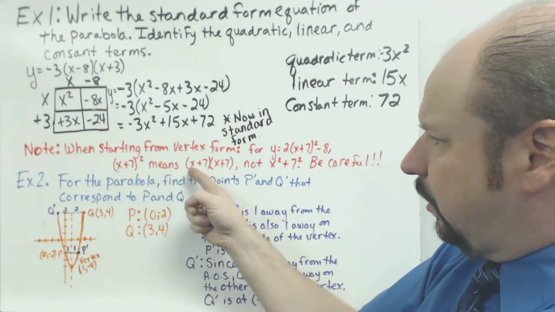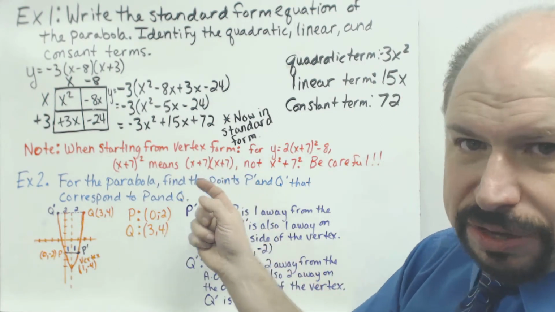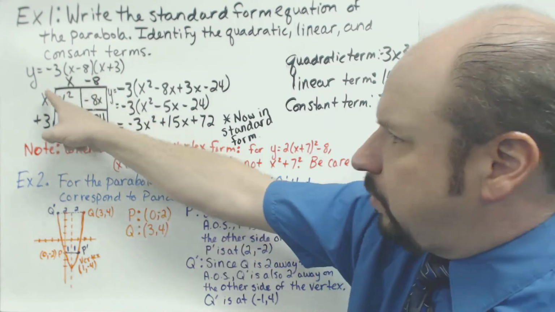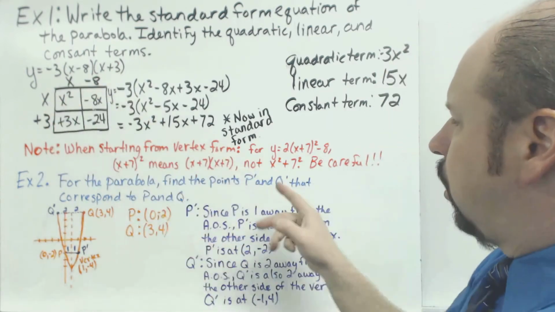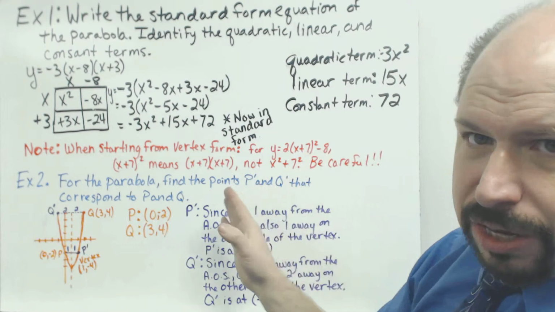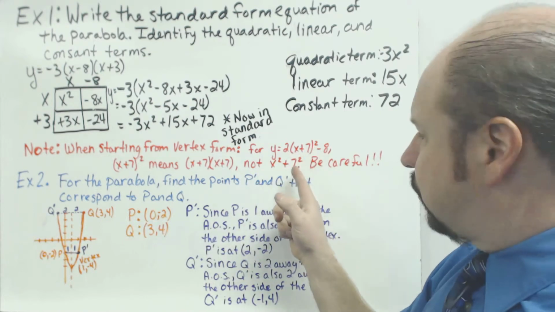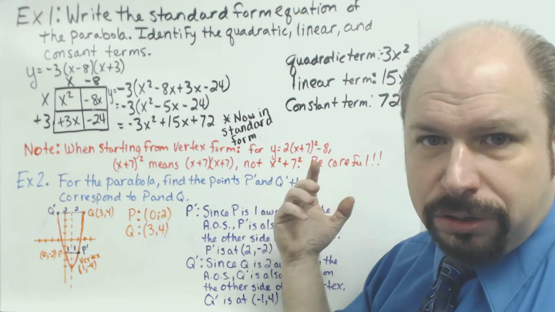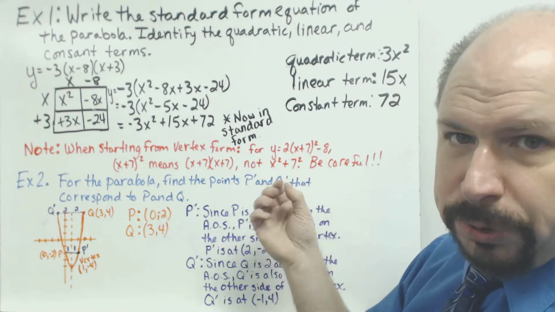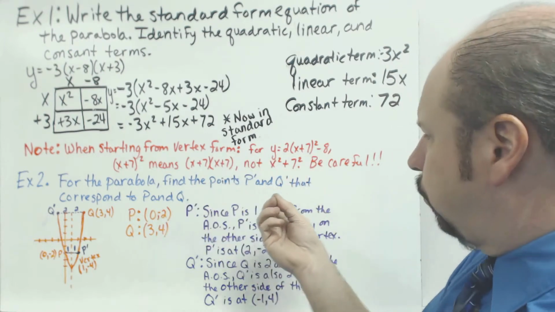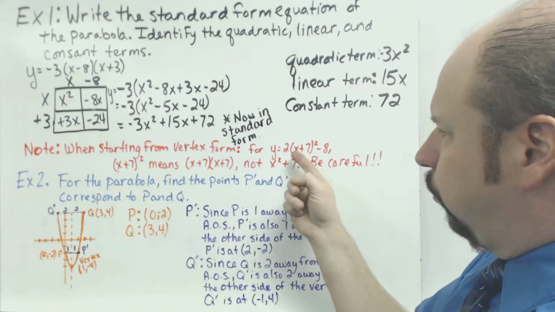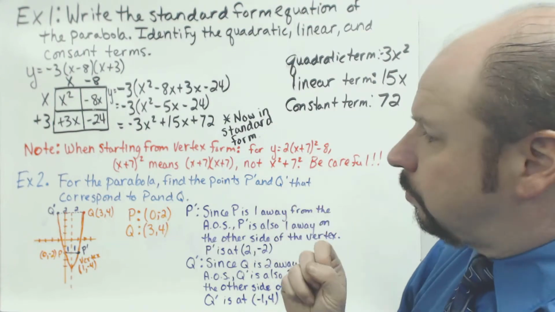What this means is we're going to take x plus 7 times x plus 7, and multiply. Oftentimes, students will just make this x squared and 7 squared. But that doesn't work because we're going to lose a middle term when we do that. So be very careful when you're multiplying these out.